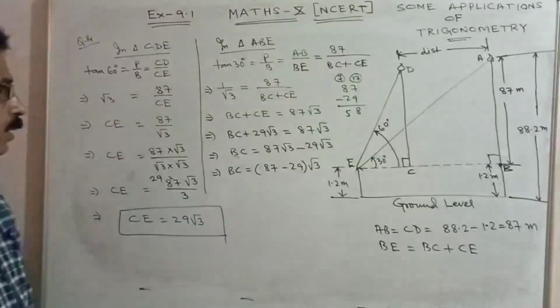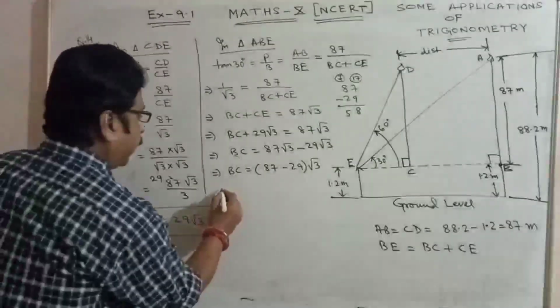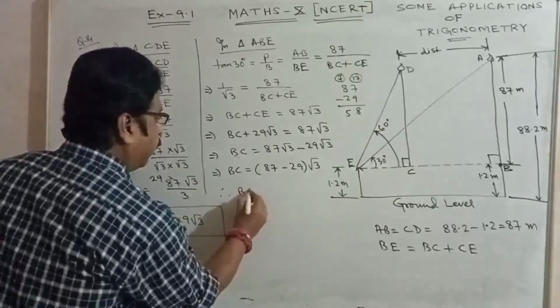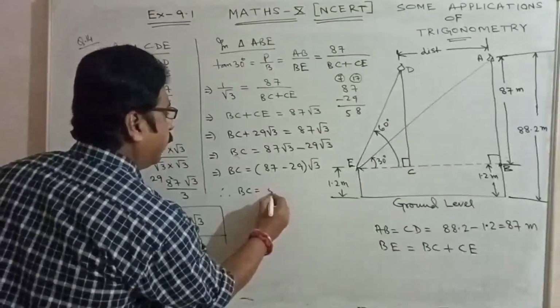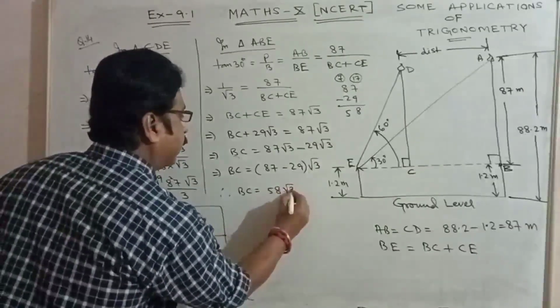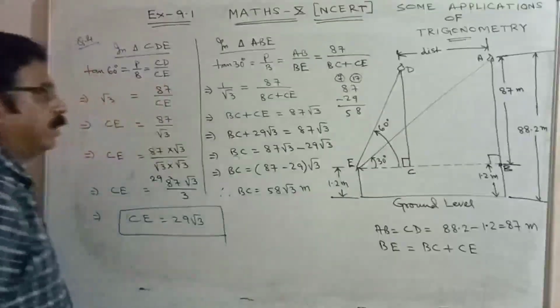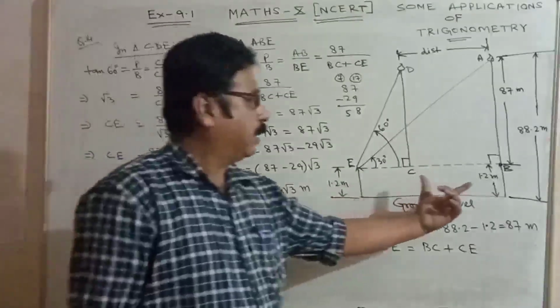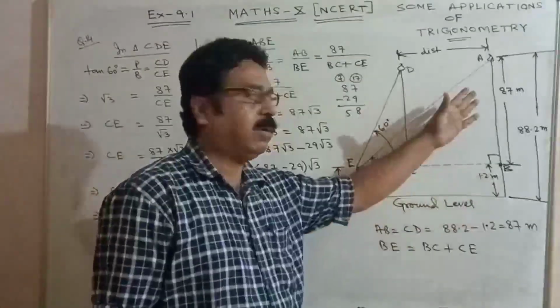It will be 58. Therefore, BC is 58 root 3 meter. BC means the distance traveled by the balloon we got.